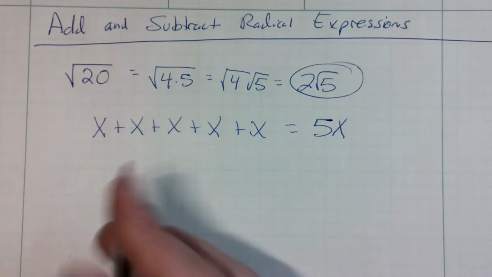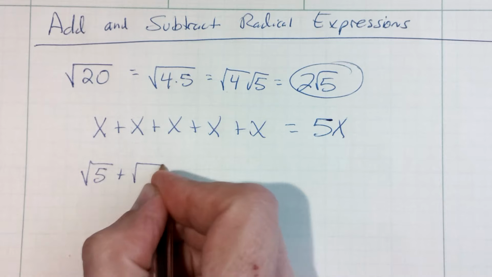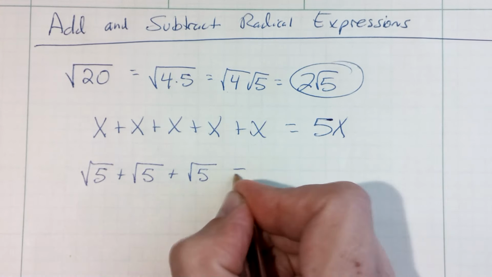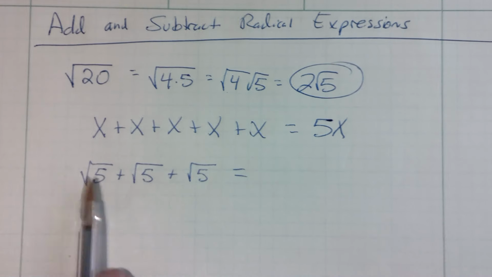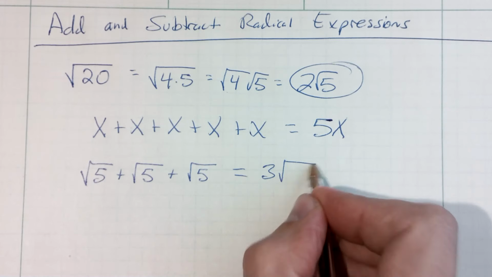The same thing can be true with roots. In other words, if I give you the square root of 5 and I add that to the square root of 5 and I add that to the square root of 5, I can simplify that because I have how many square roots of 5? I have 1, 2, 3 square roots of 5. So I can write that as 3 square roots of 5.